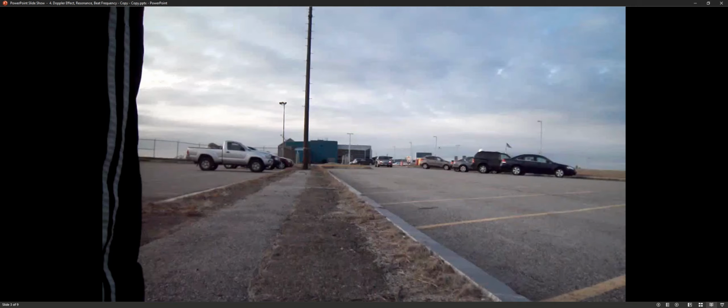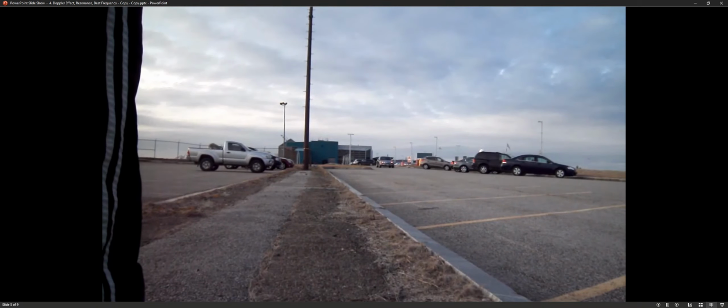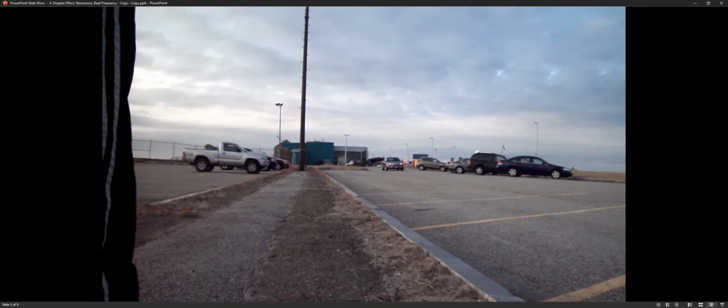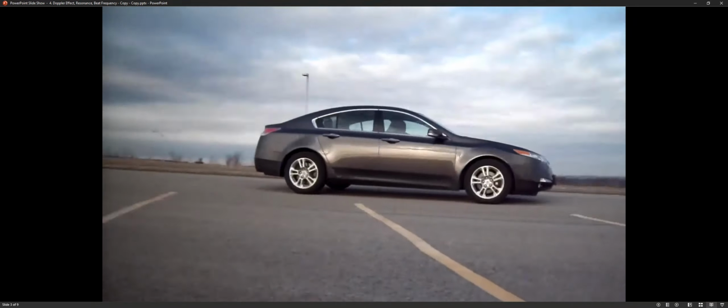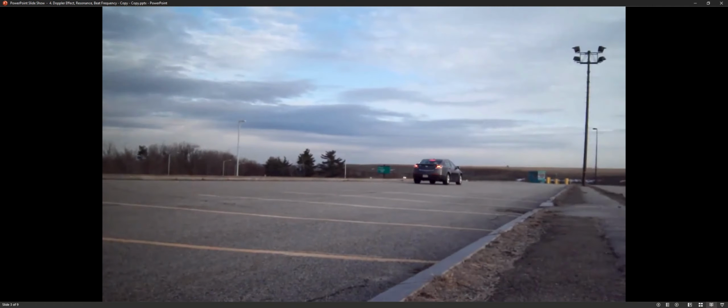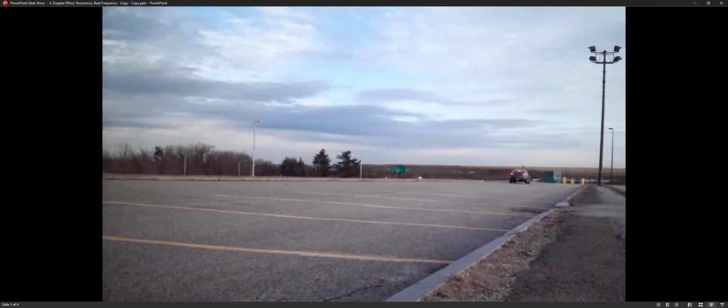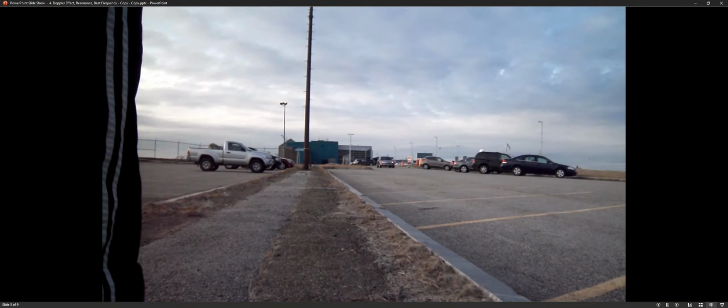And as the car went away from the person, the pitch got lower. And so let's listen to it again. So higher pitch. So as it passes you, there's a lower pitch.